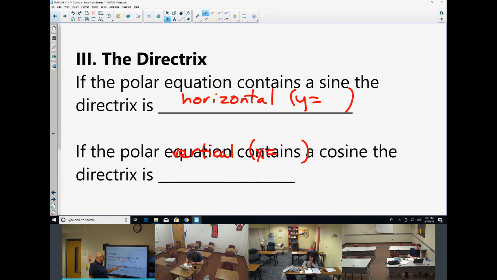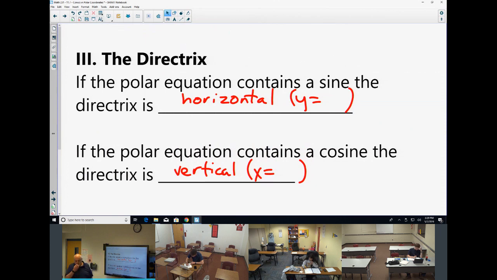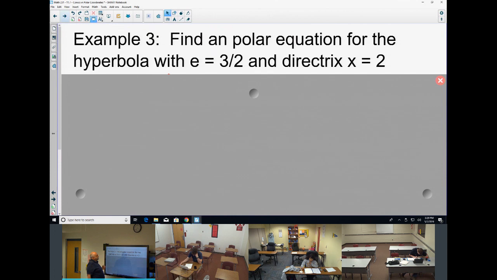If the polar equation contains a cosine, then the directrix is vertical and its equation is x equals. All right, so here this says find the polar equation for the hyperbola with e equals 3/2 and a directrix of x equals 2.